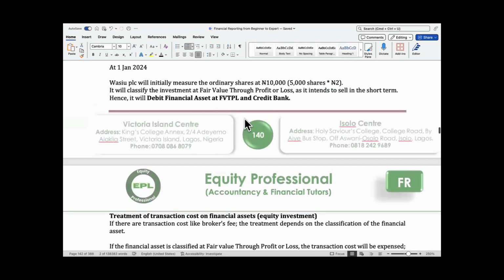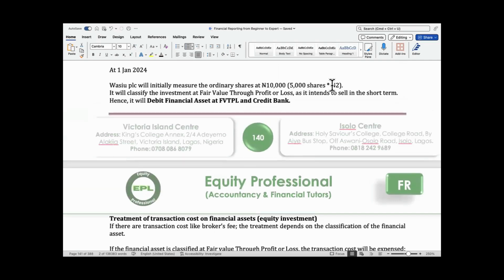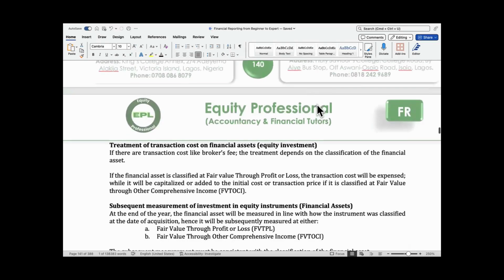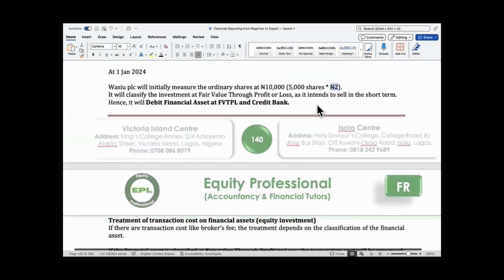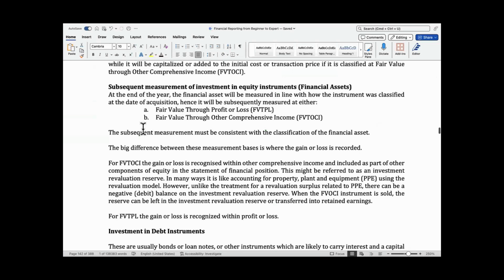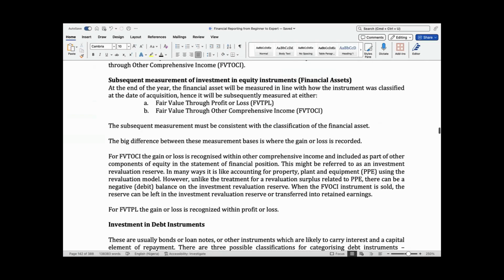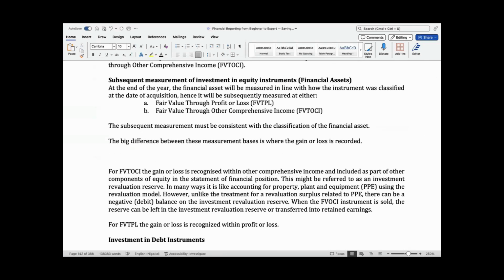Following from the example I gave you, where this guy bought 5,000 shares for 2 naira, you know that at the end of the year the share price will not remain at 2 naira. Let's say the share price is now 3 naira.